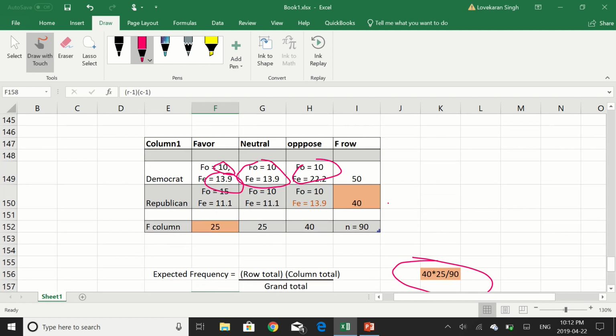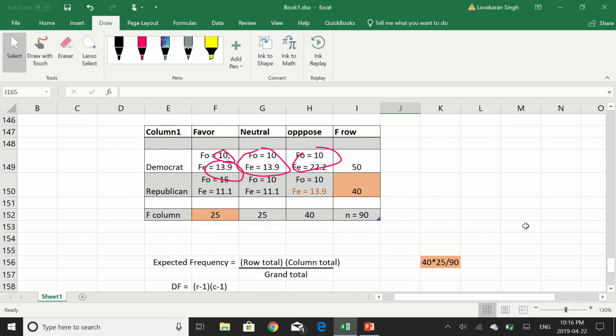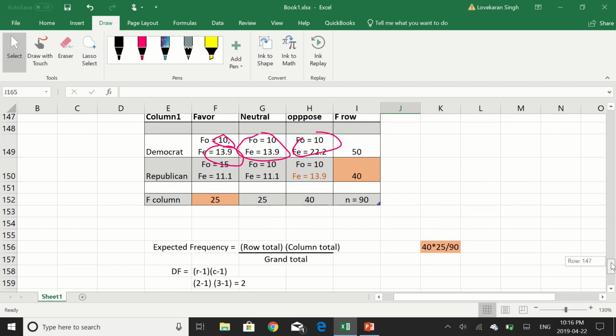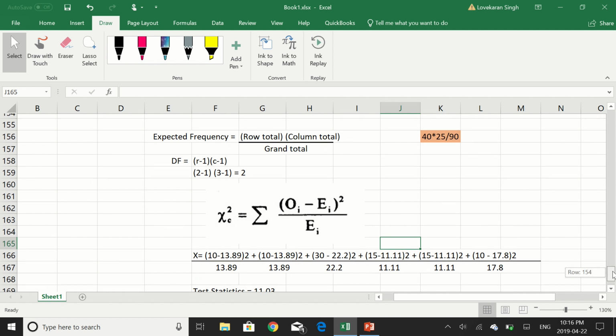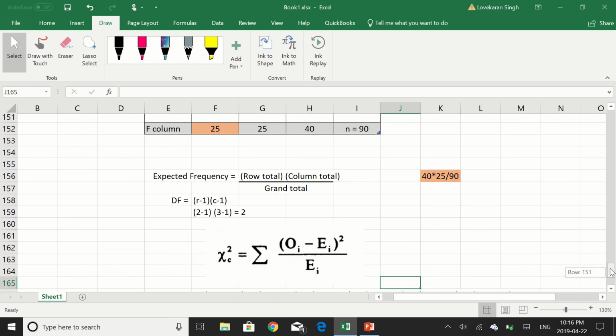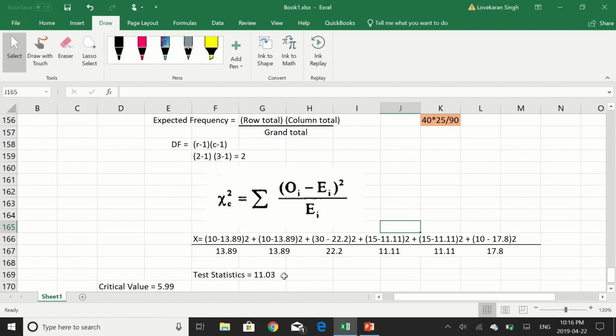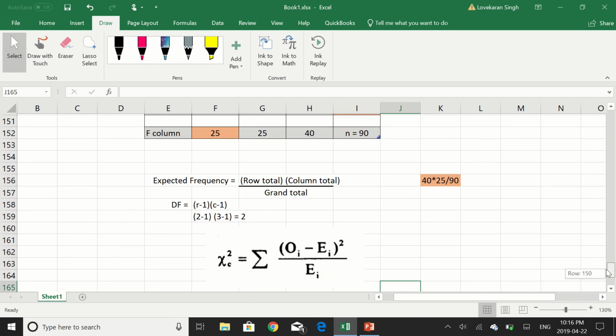Let me add some more data in the video. Let me pause the video. So here we go, I added some more data over here so you can use a calculator, check the data and solve it, and we will get 11.03. Using a calculator will be helpful for you.